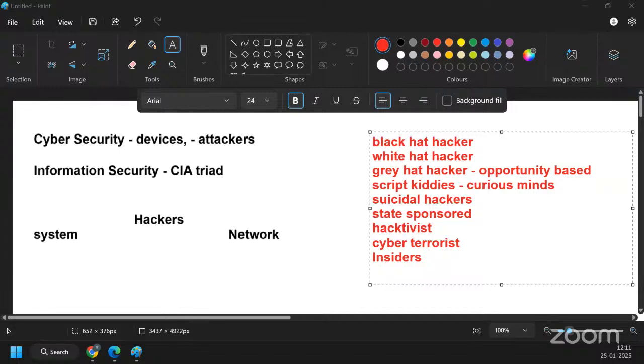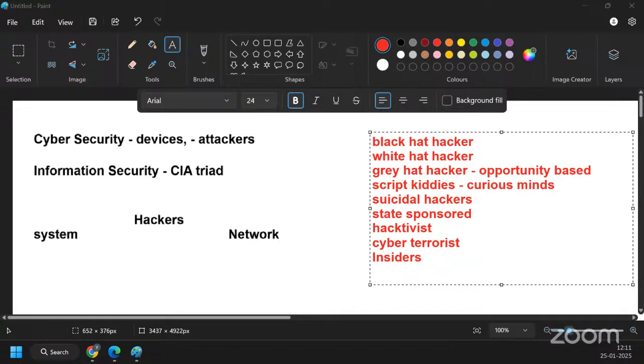In that scenario, since he has some anger issues with the organization, he wants to take revenge. So he is not going to worry about getting caught. He just wants to take revenge against that particular organization. So that is what we have as your suicidal hacker.